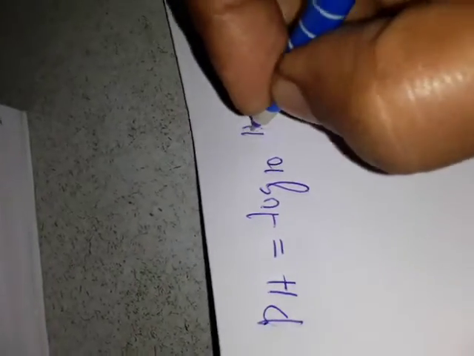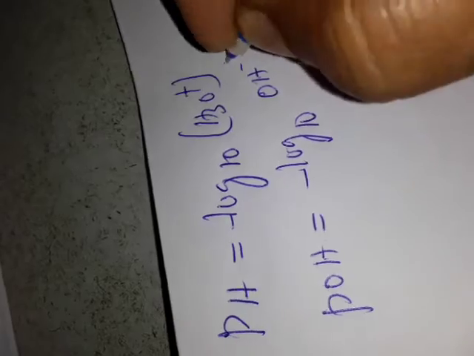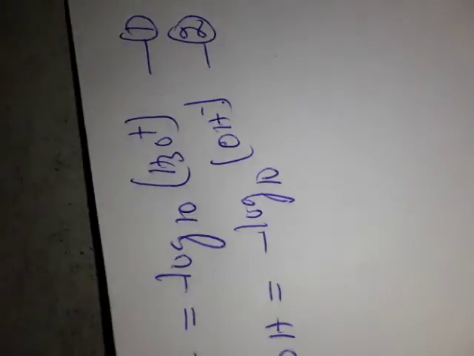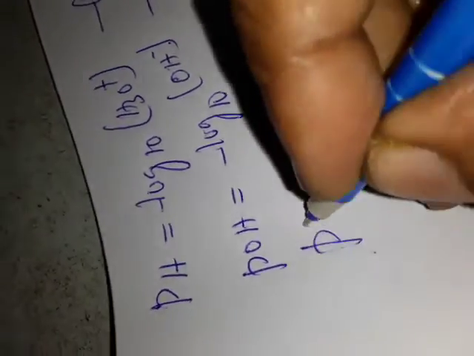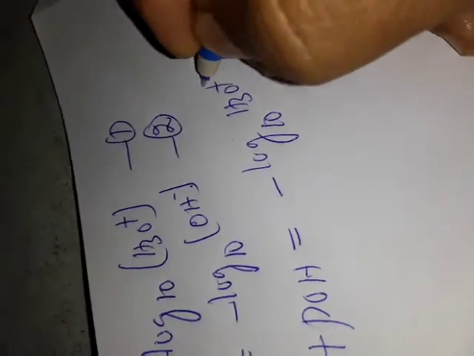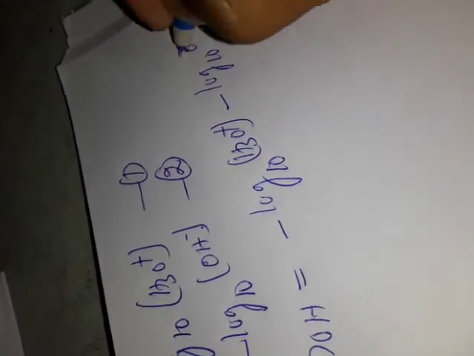pH and pOH. Already you know pH is equal to minus log to the base 10 of H3O plus concentration. pOH is equal to minus log to the base 10 of OH minus ion concentration. This is equation 1, this is equation 2. Adding equations 1 and 2, pH plus pOH is equal to minus log to the base 10 of H3O plus concentration minus log to the base 10 of OH minus concentration.